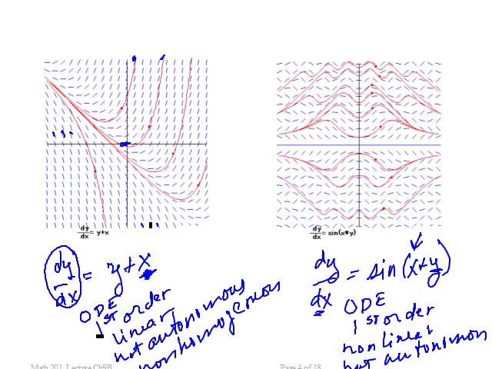By taking values of x and y from the plane, this is the y-axis, here's the x-axis, adding them up and evaluating them as the argument of the sine function, you get the value of the first derivative. This is the slope of the solution as it goes through the point x, y. At each point you can find the slope. Those are those little line segments, tiny slopes tangent to the solution.